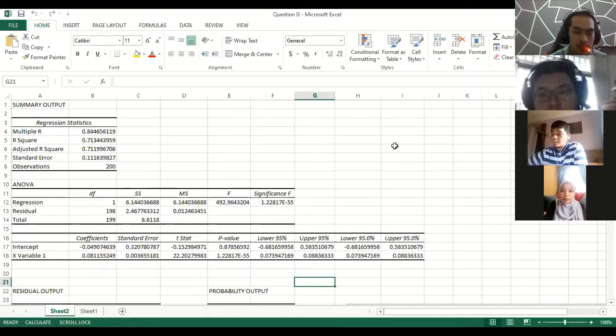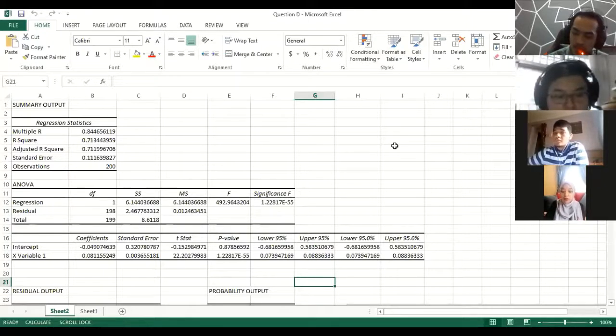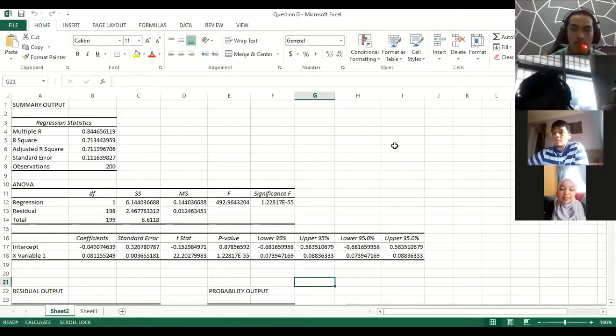From the first table, regression statistics, the correlation coefficient R is represented by multiple R, which is 0.8447. From the third table, we can get the 95% confidence interval for relative density, with the value 0.07395.